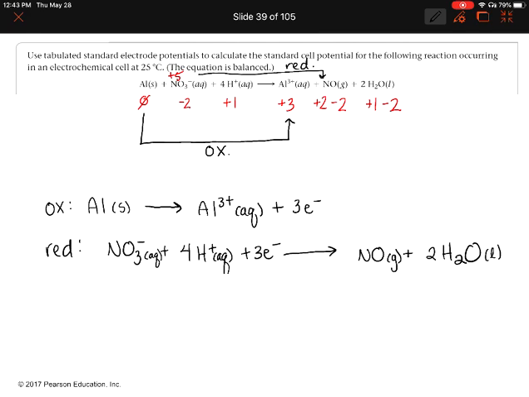So aluminum has a potential equal to negative 1.66 volts. And our other half reaction, where nitrate reacts with 4 hydrogen ions, has a potential of positive 0.96 volts.